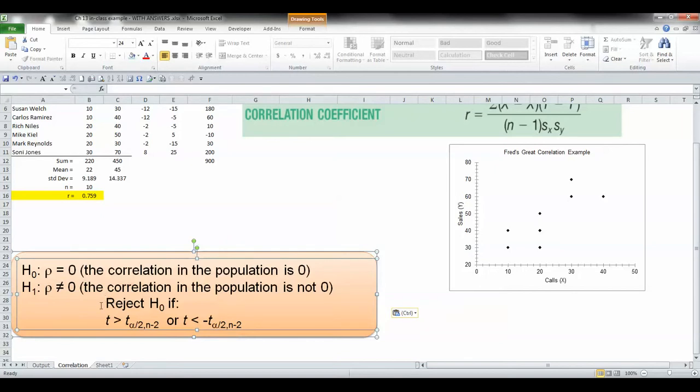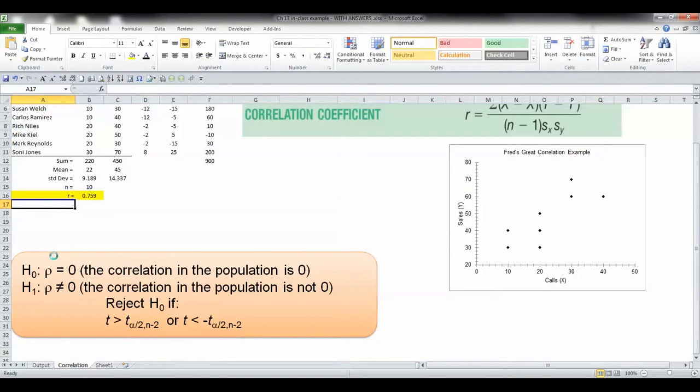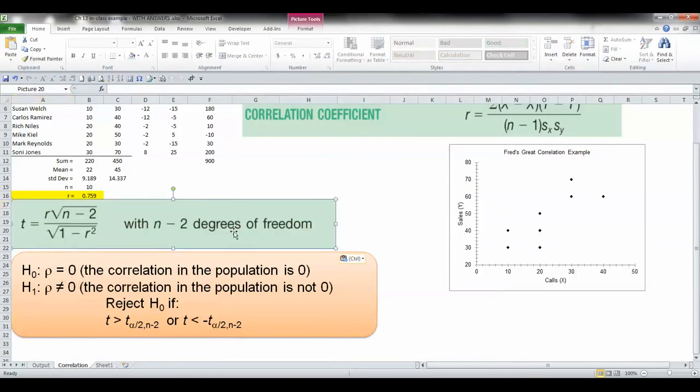So what we're going to do is we're going to reject the null hypothesis if our t statistic, or our t test statistic, is greater than our t critical value. And what's our t? Well, I'm glad you asked. Here is our test statistic.